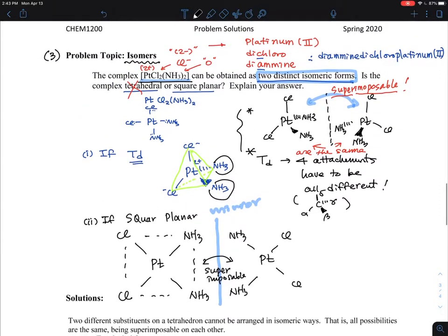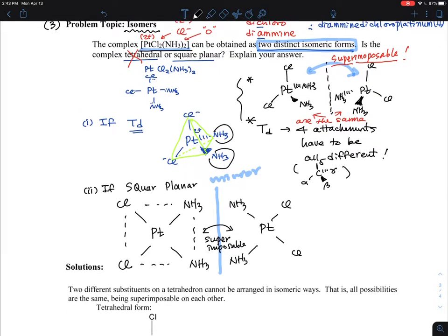Okay, so they are not forming chiral isomers. So this is not chiral, non-chiral, and that's the only arrangement. But although it is non-chiral, we can say the first one has the same side, so this is a cis isomer.